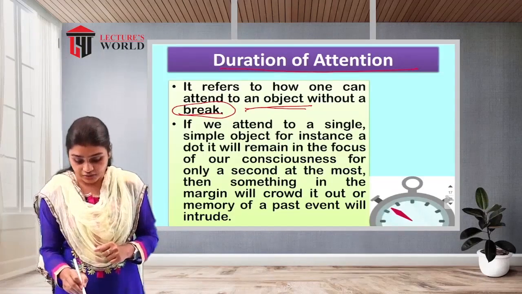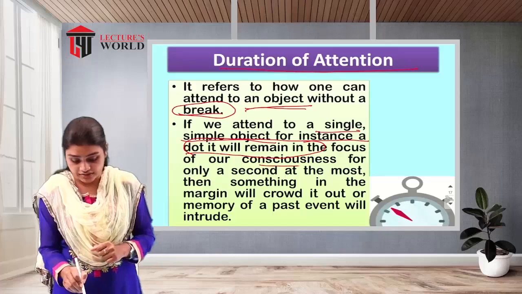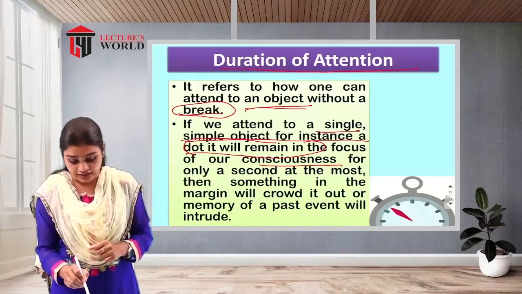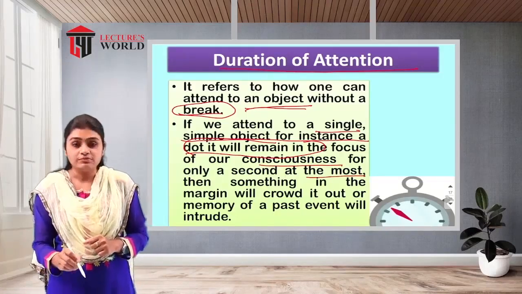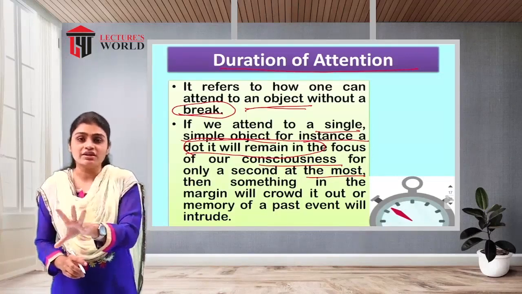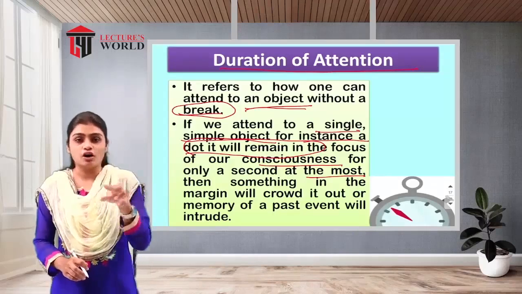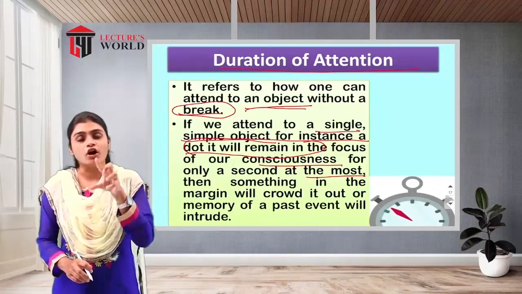If we attend to a single simple object, for instance a dot, it will remain in the focus of our consciousness for only a second at the most. That means when we are focusing on one single object, that object is going to become a single dot for us.